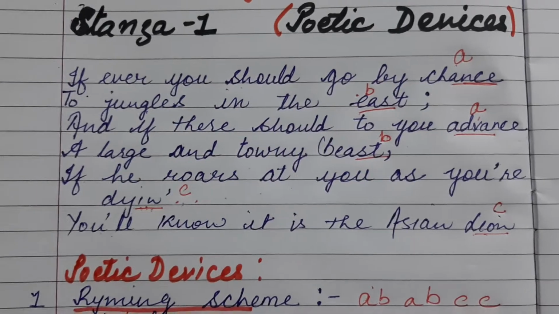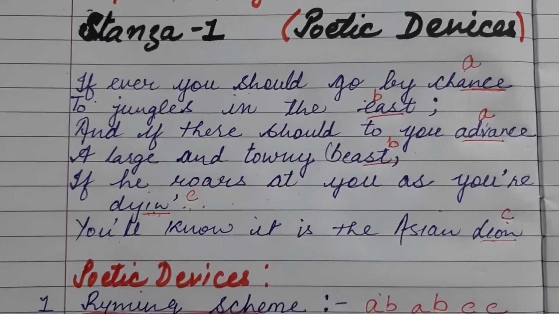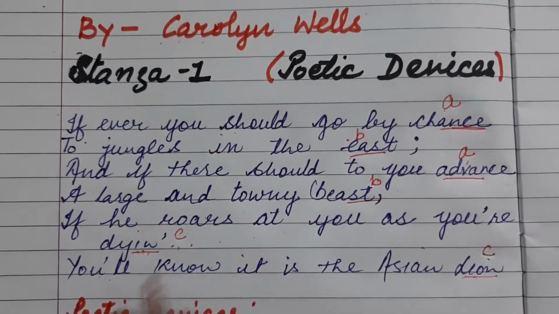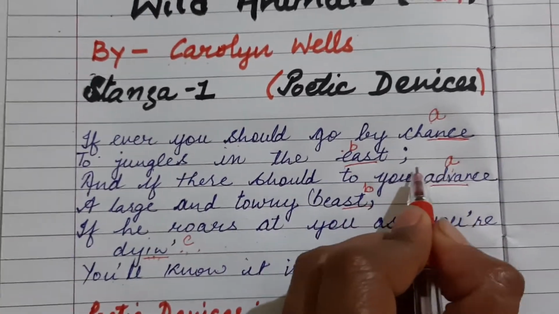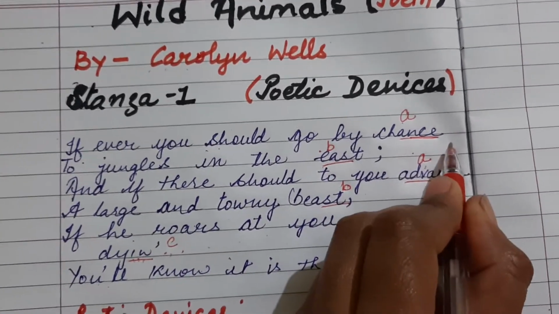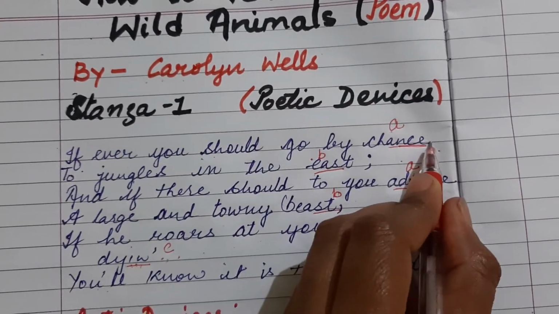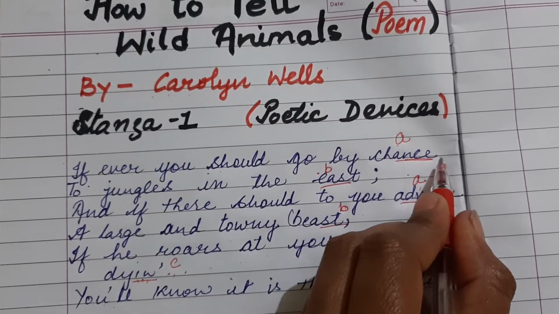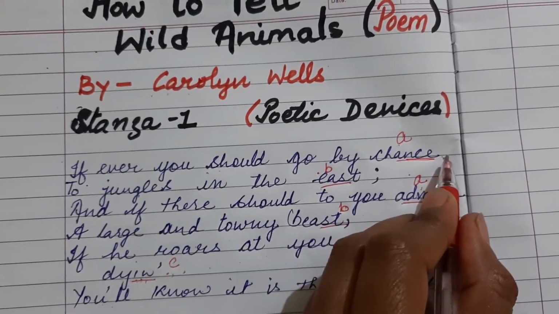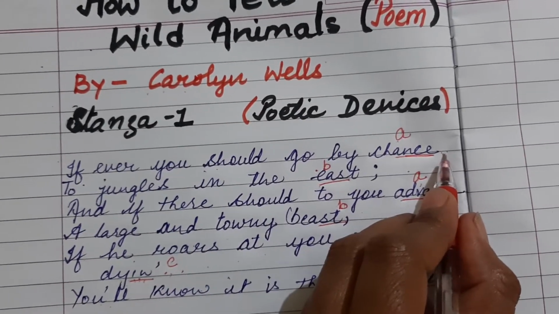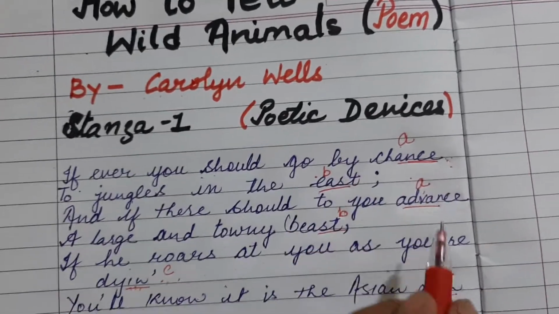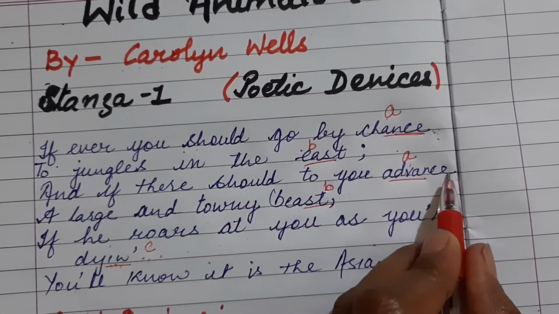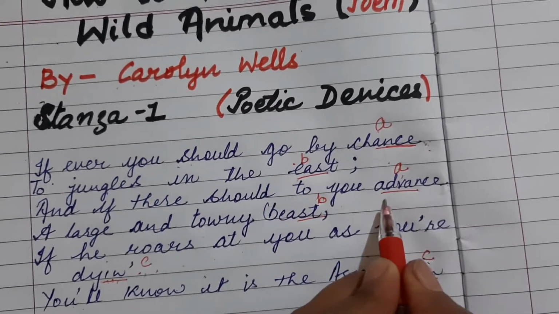So next, if we see the next poetic device used in this stanza, here you can notice that at the end of the first line, there is no sign, no apostrophe, no full stop, no comma, right? And similarly, at the end of the third line also there is no apostrophe, no comma, nothing.